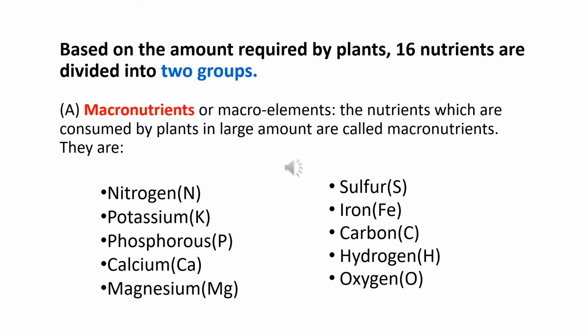Based on the amount required by the plant, these 16 nutrients are divided into two groups. Number one is macronutrients, or macro elements, which are needed more for the growth and development of plants. Those are nitrogen, potassium, phosphorus, calcium, magnesium, sulfur, iron, carbon, hydrogen and oxygen.